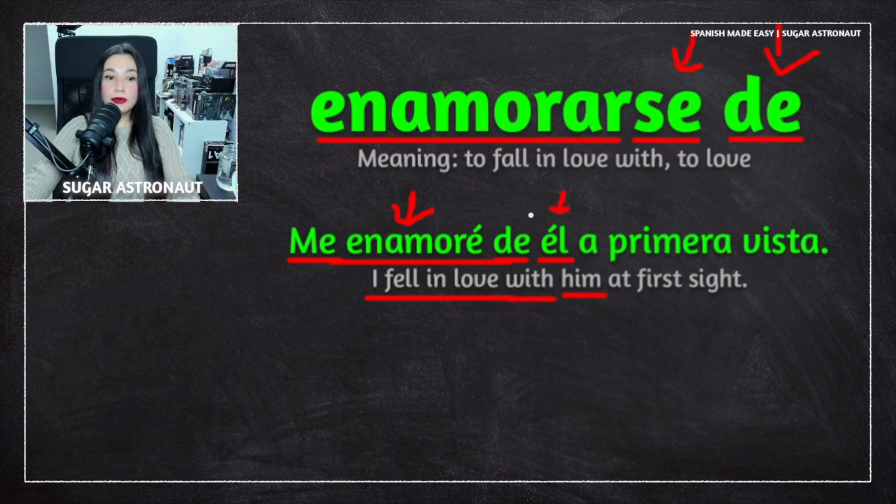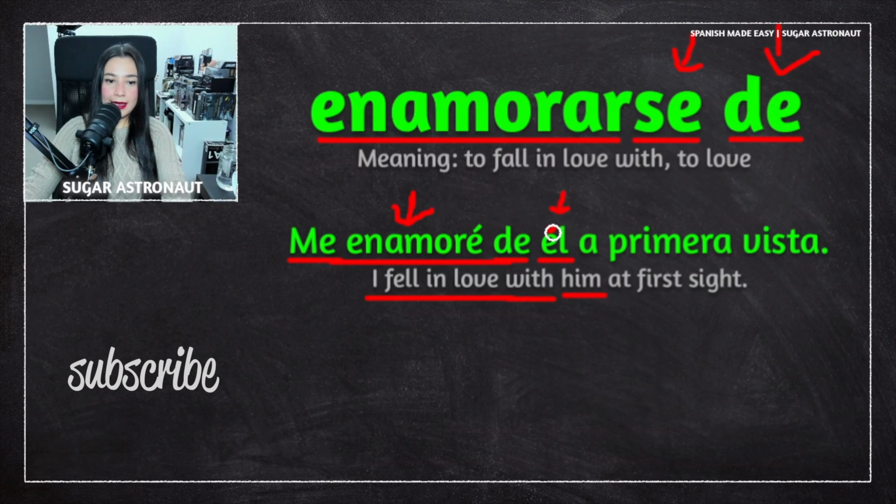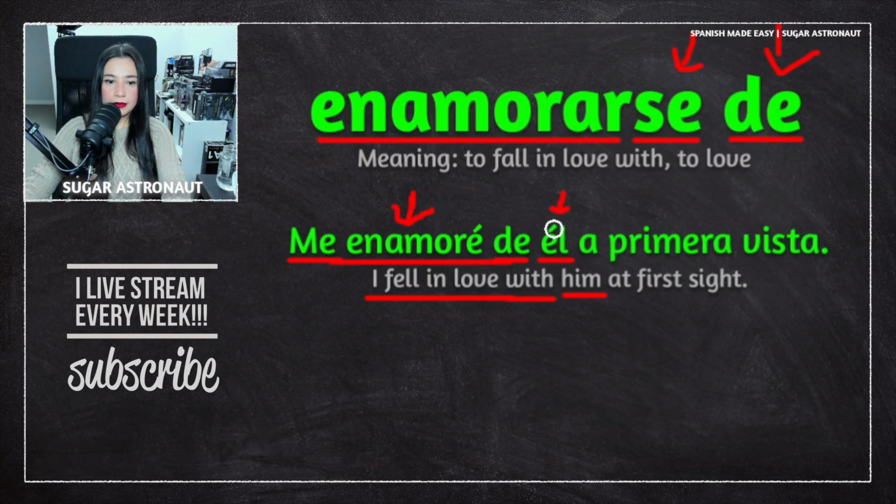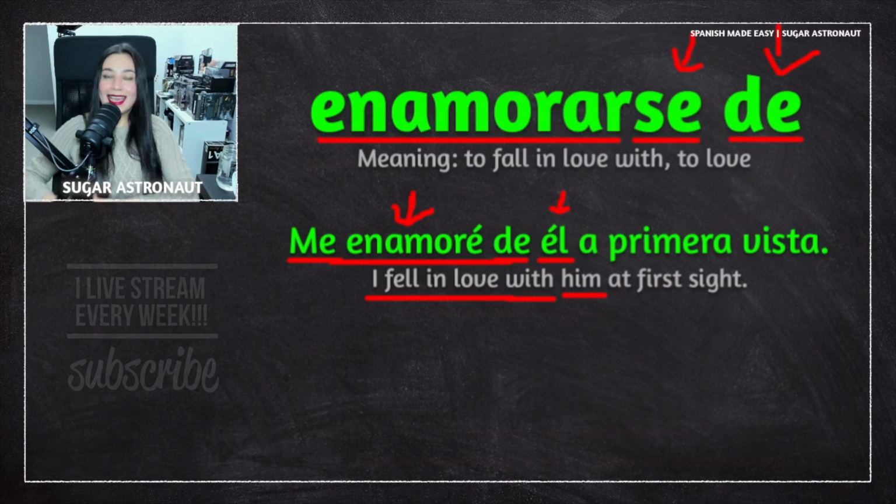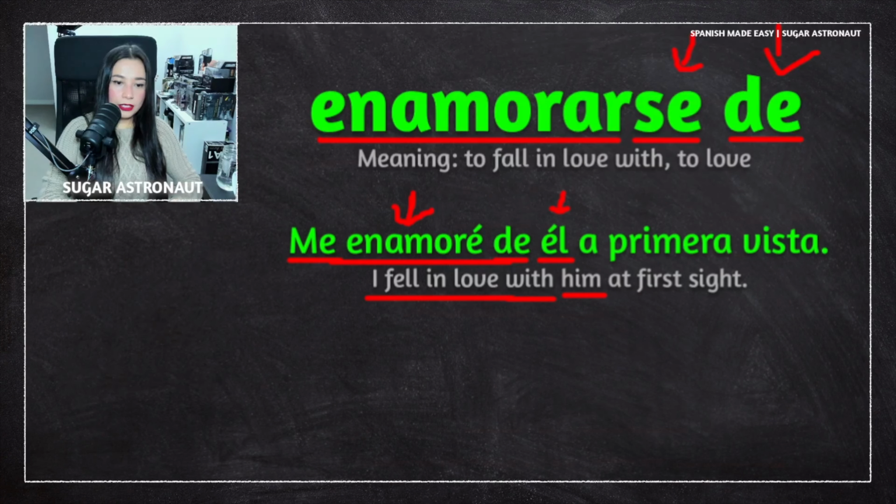And usually when you have the article el, without the accent mark, you cannot have de él. That becomes del, okay? But in this situation, we don't do that because we are talking about him, a pronoun. So that's why you can leave it like that. De él. In this situation, with him.